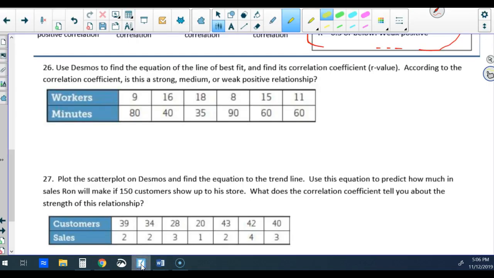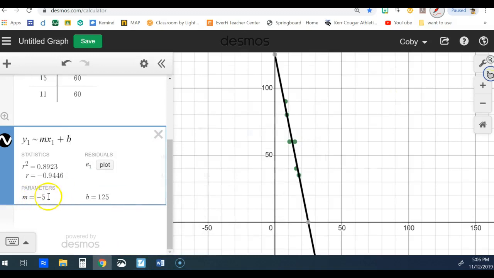So that's going to be y equals -5x plus 125. That's what the Desmos trend line is. Again, I got the m from here, -5. The b is 125.